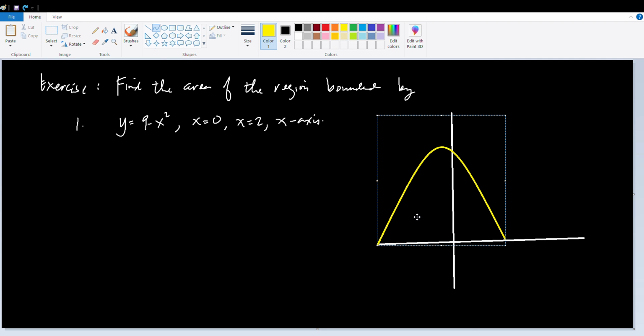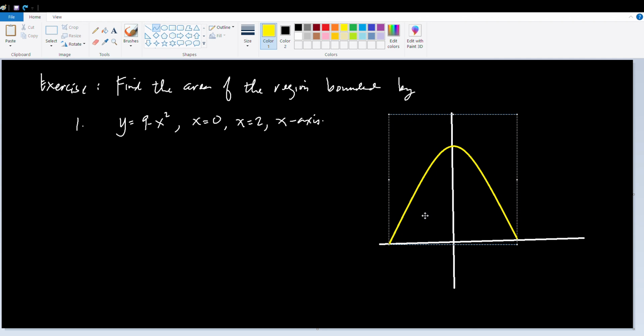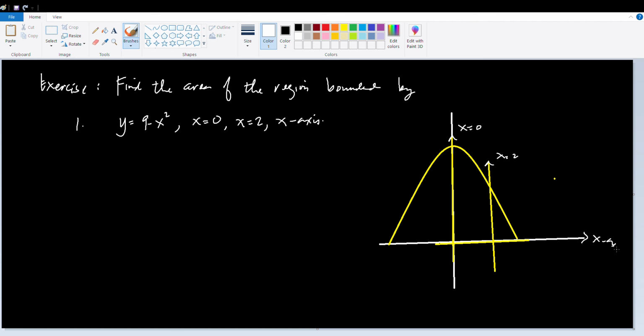There. What else? x equal to 0, which is the y-axis. Then x equal to 2, there. And the x-axis. Now, x equal to 0 is the y-axis. So this is x equal to 0, x equal to 2, and the x-axis.